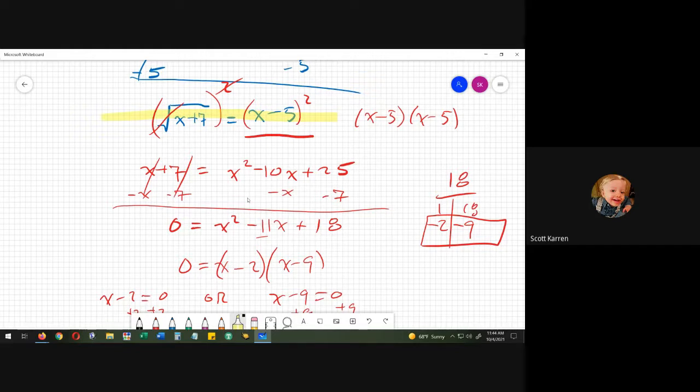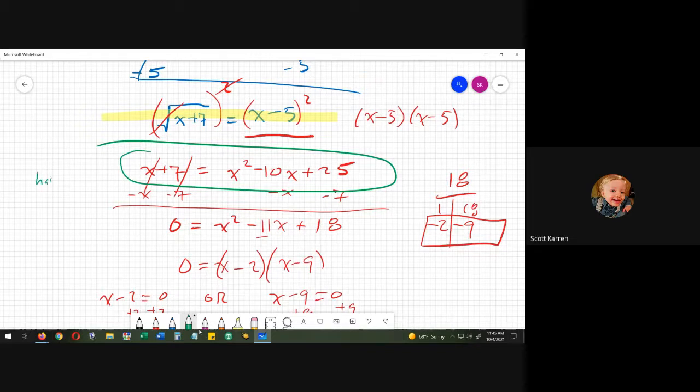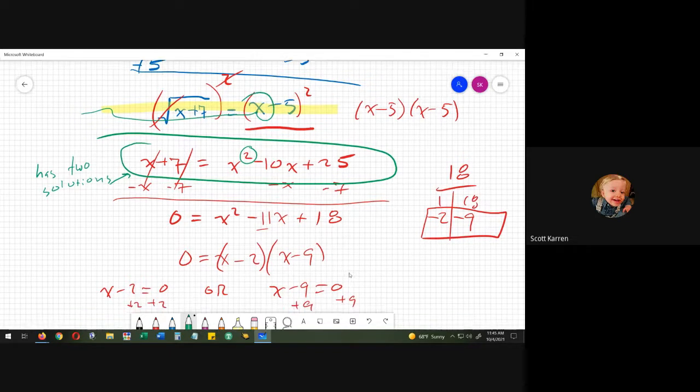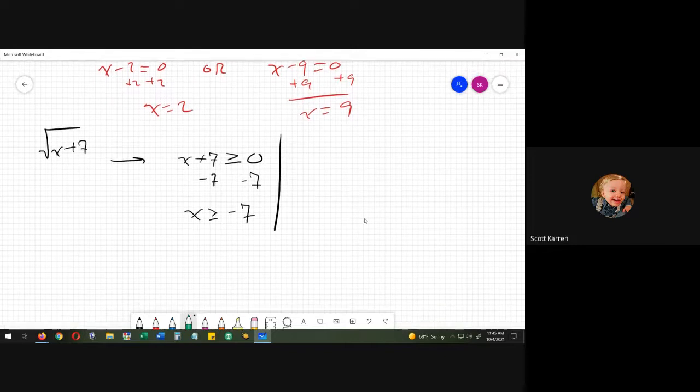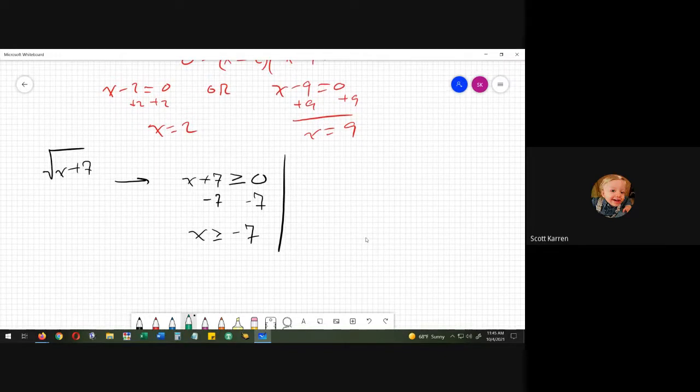When we square something, at this point right here, we've introduced a new equation that's equivalent for the most part, but this has two solutions because it's a second degree polynomial. This one only has one. So we still need to check our answers, even though they're both within the domain. I still need to check to see if they both work.